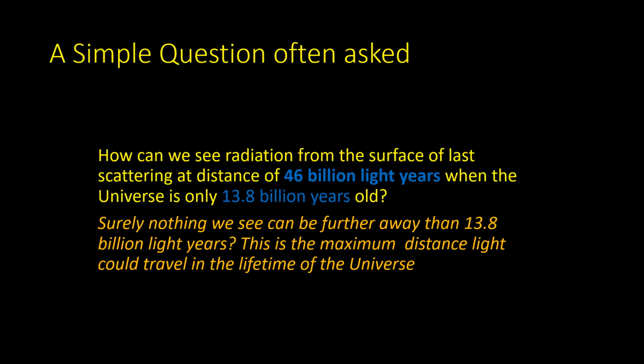One question which often arises is how can we see radiation from the surface of last scattering at a distance of 46 billion light years when the universe is only 13.8 billion years old? The answer to this question is actually quite simple.